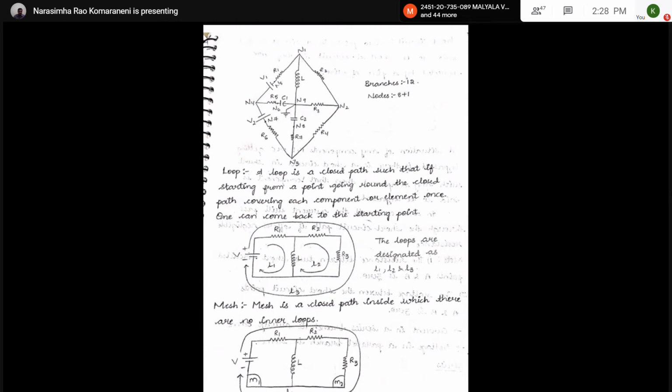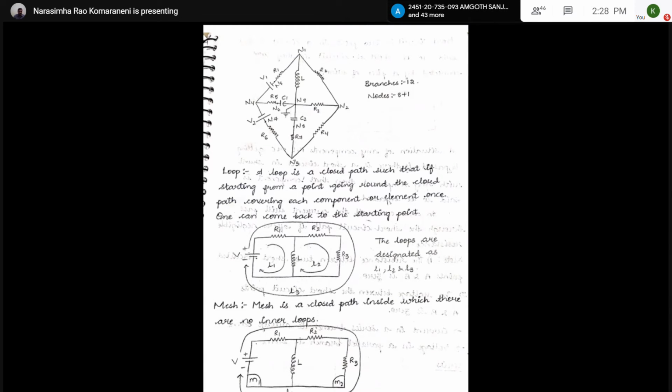Next, coming to the second circuit. Now you tell me how many branches are there in the given circuit. First we'll identify the nodes. We'll find out how many nodes are there and how many branches are there.